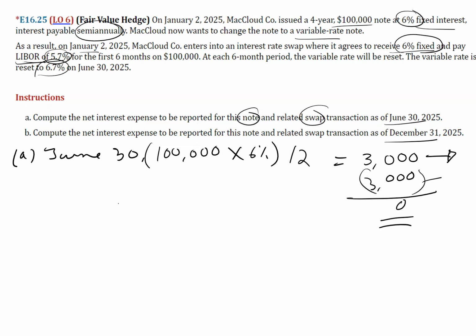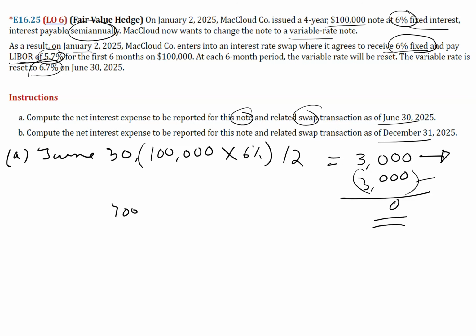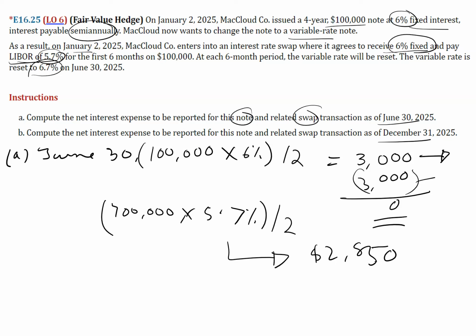So for the first 6 months, if your denominator is 100,000, based on this 5.7% LIBOR rate, if we divide it by 2, this will be his net interest expense at the end of the first 6 months, which we calculate is 2,850, which is actually based on this variable rate.